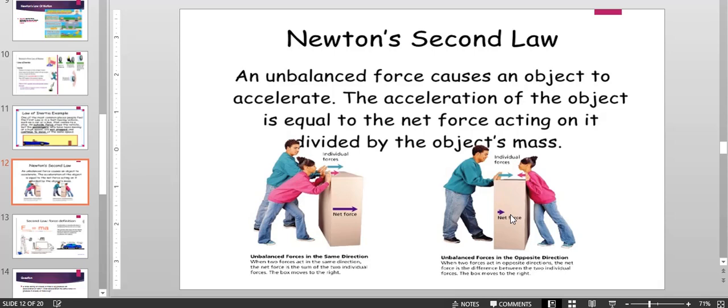The box moves in the direction where the force is greater. For example, if the force applied by this boy is greater than the force applied by this girl, the object will move slightly towards the right.